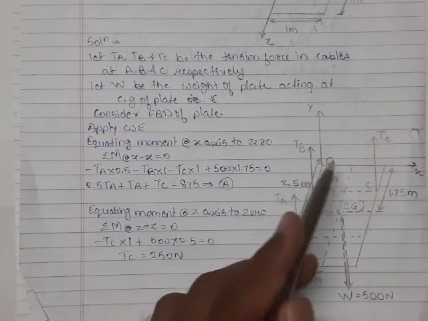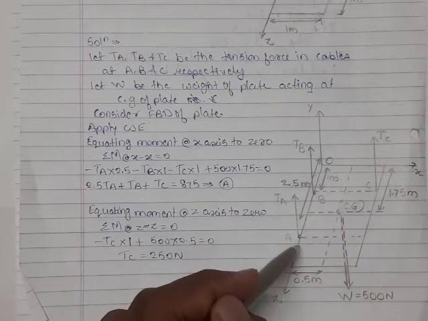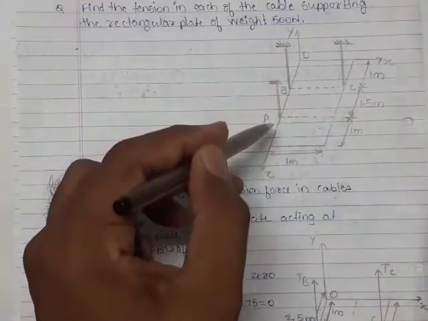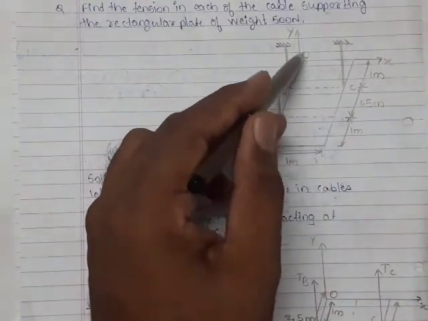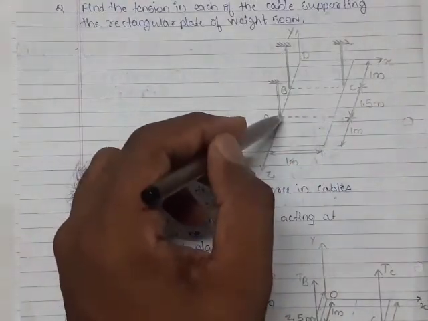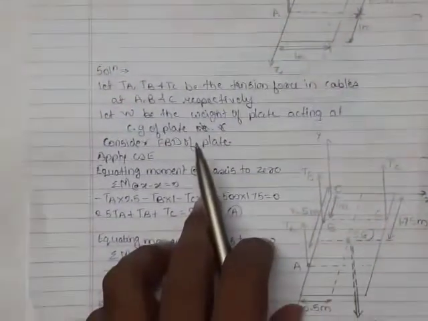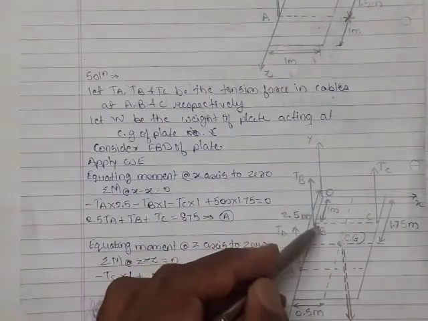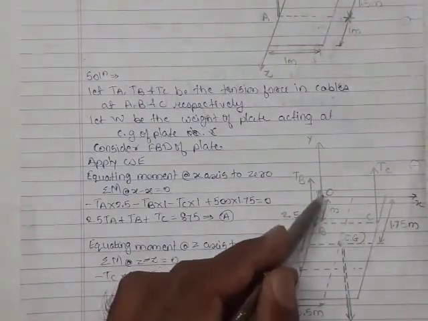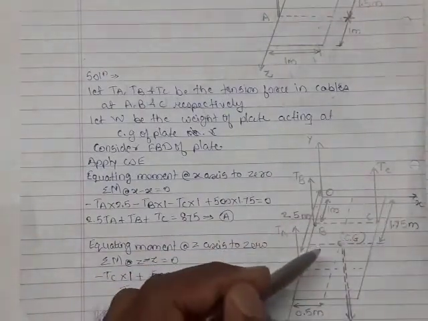Point A, its location from the x-axis is available. So here point A is at distance 1.5 plus 1, it is 2.5, given in the FBD. B and C are at distance 1 meter from the x-axis.